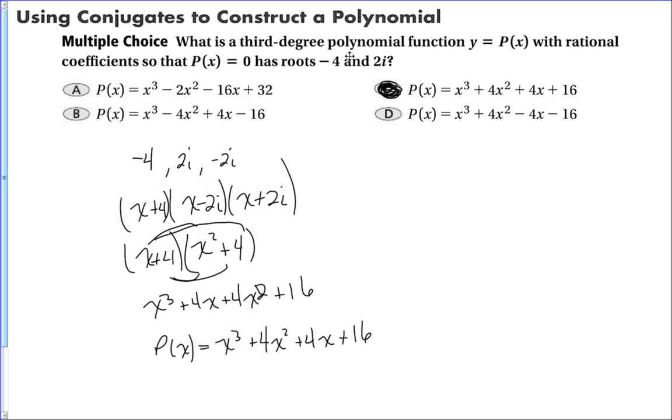Just like we did here, we're given -4 and 2i. Since we have 2i, we need its conjugate. That's where the -2i comes into place. If we hadn't written the -2i here, we would not have gotten a third degree polynomial. We would have only gotten a second degree. So if you're only given some of the roots, anytime you have an i, you need to get your conjugate. Anytime you have a square root, you need to get the conjugate.